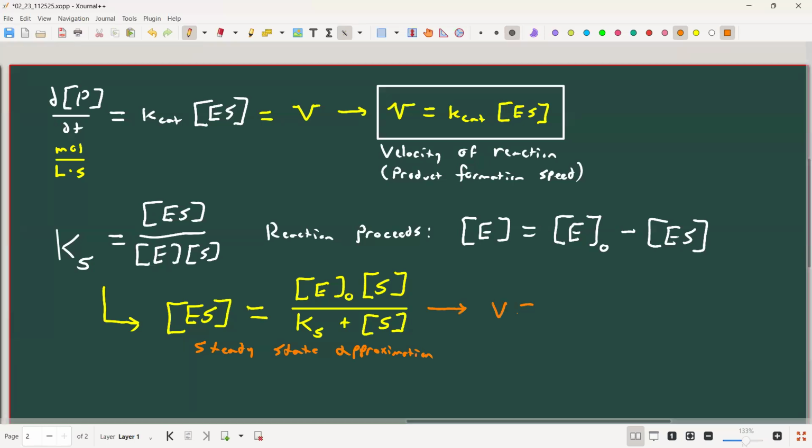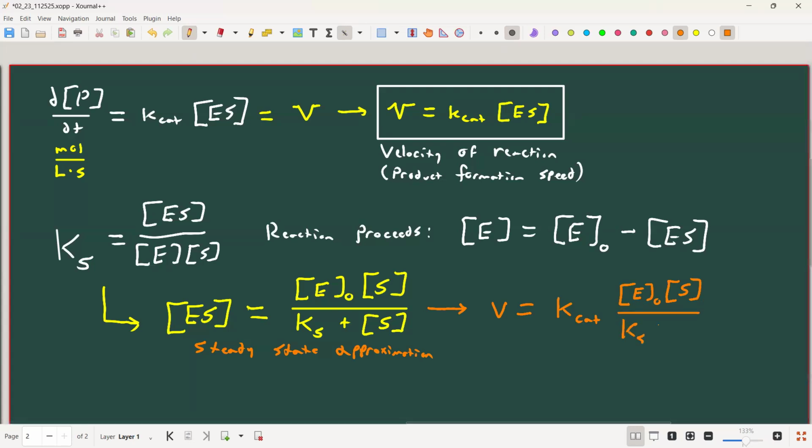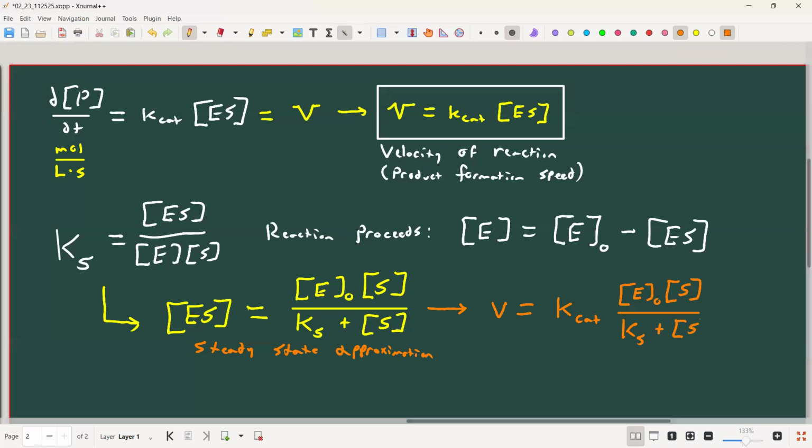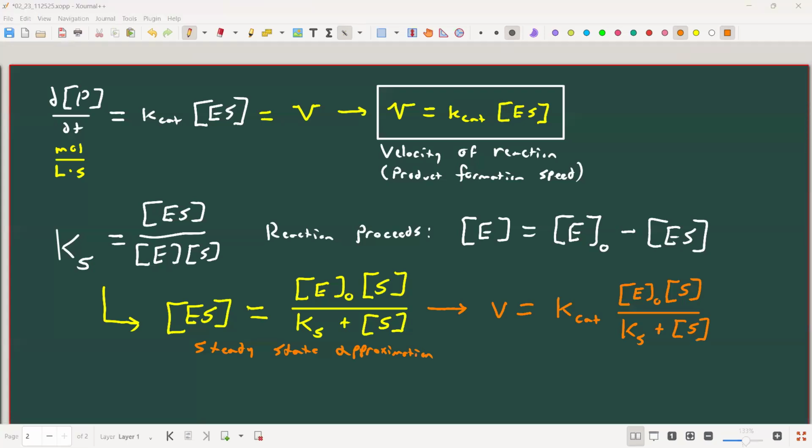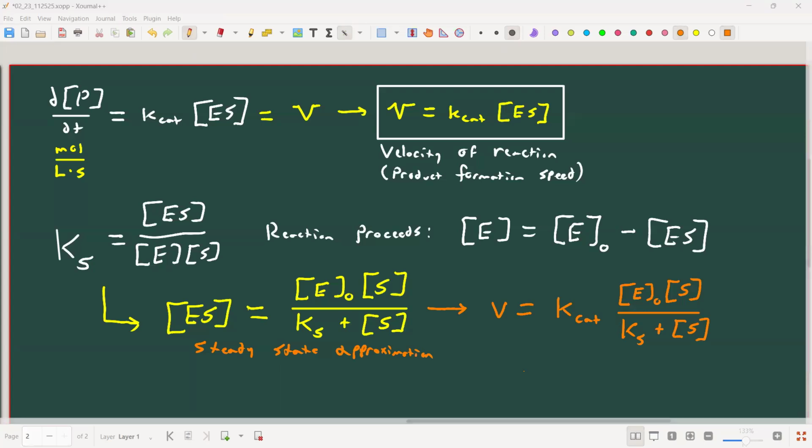So the velocity of our reaction, let me get all of it right, is Kcat, the rate at which the enzyme works, times E naught, the initial concentration of the enzyme, times the concentration of the substrate divided by Ks plus the concentration of S. I can rewrite this a little bit.